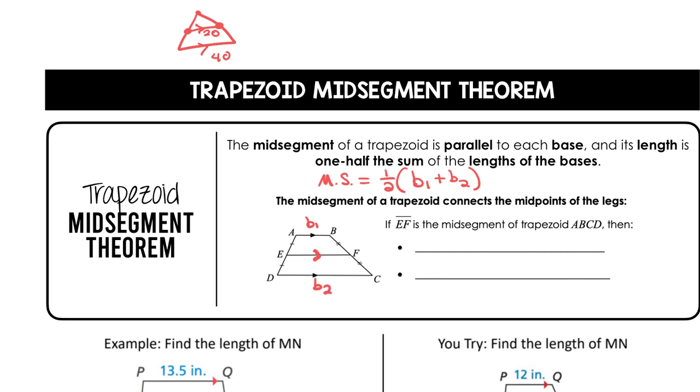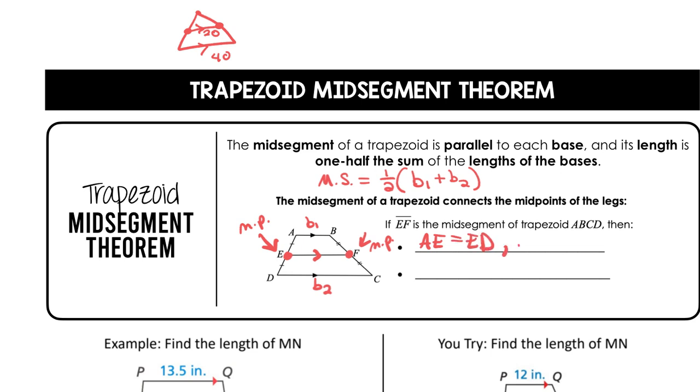All right, so here it says the mid-segment of a trapezoid connects the midpoints of the legs, right? That's what a mid-segment is. It connects midpoints. So E is a midpoint of AD, and F is the midpoint of BC. So it says if EF is the mid-segment of trapezoid ABCD, then we could say AE equals ED, right?